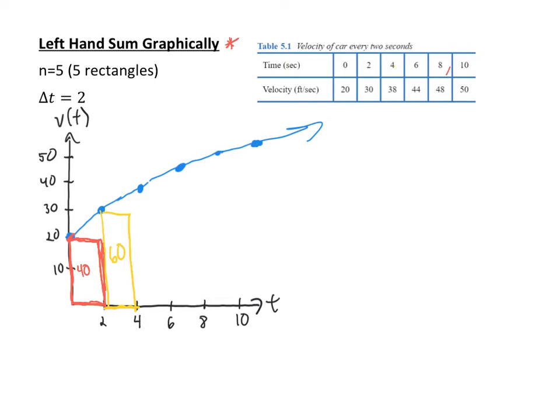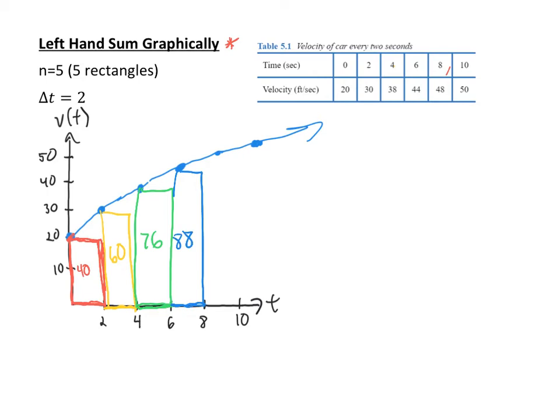From 4 to 6 seconds, doing the left-hand sum, we guessed the speed of the car was 38. And the area of that rectangle would be 76. From 6 to 8 seconds, we guessed the car was doing this speed of 44. The area of that rectangle would be 88.